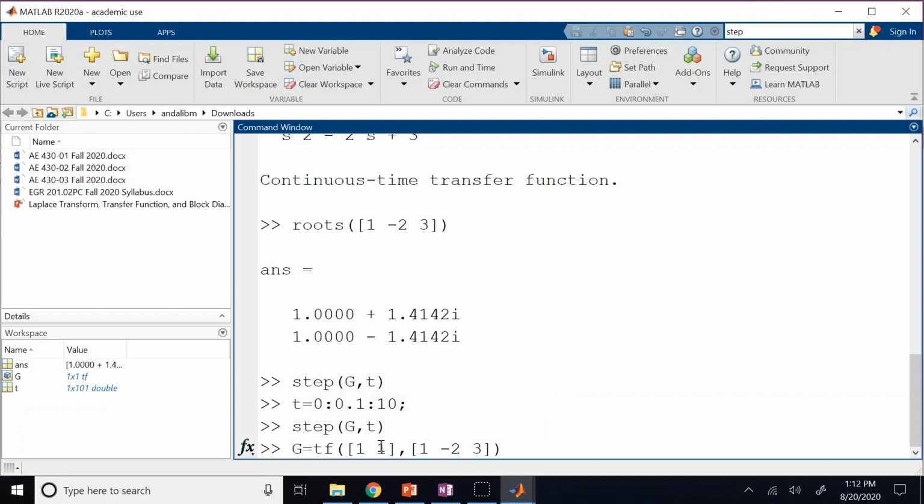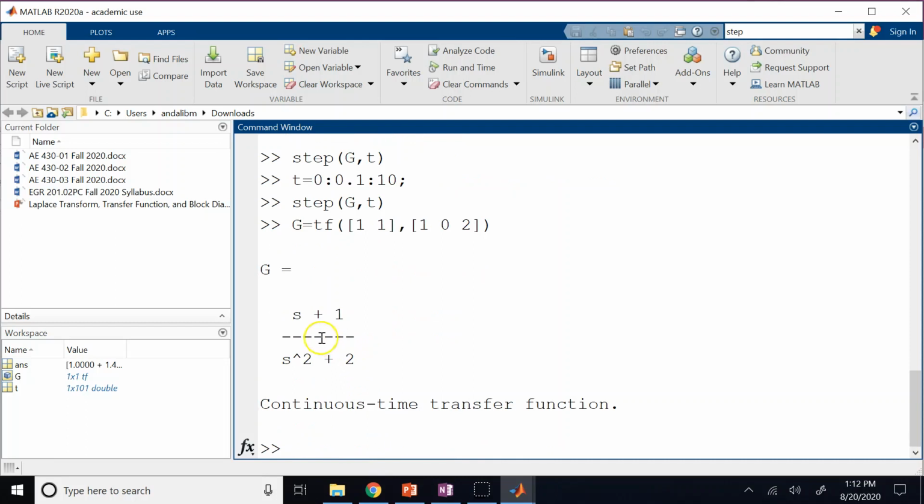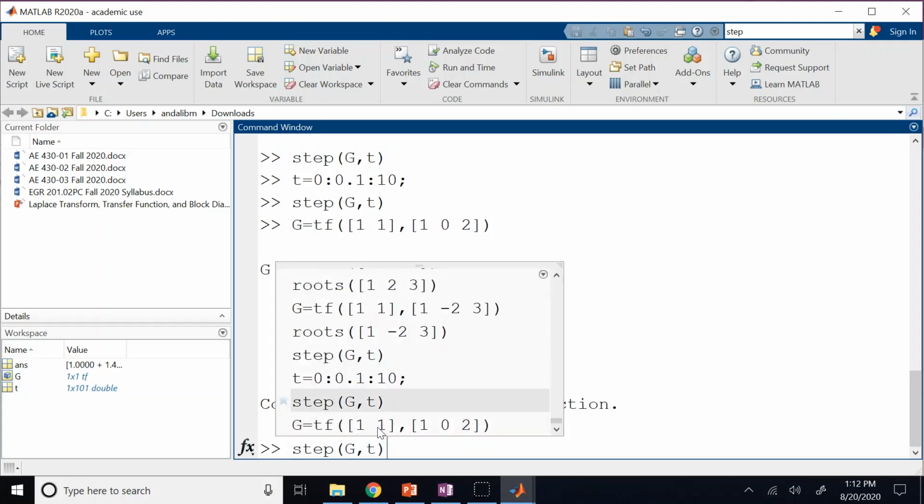I want them at basically this. If you look at this, the poles of the denominator are at plus and minus square root 2j. So they are exactly on the imaginary axis, right? Now let's look at the behavior of this system.